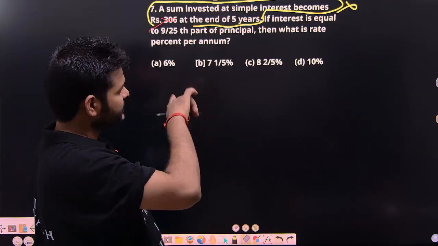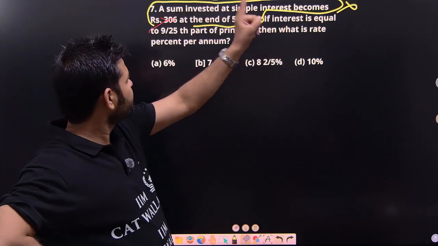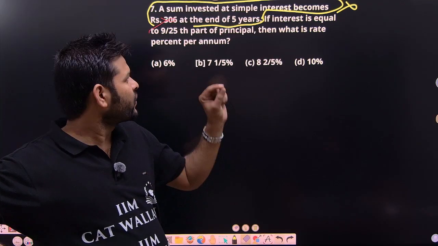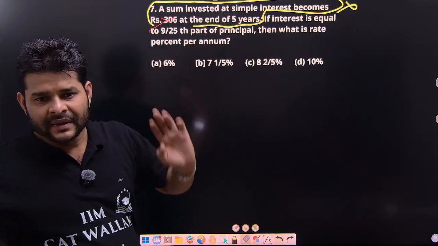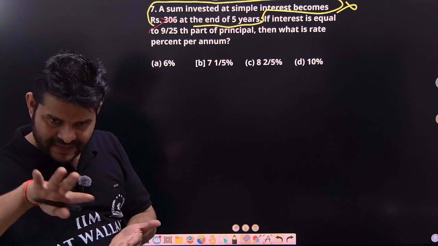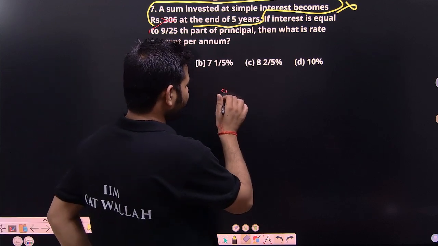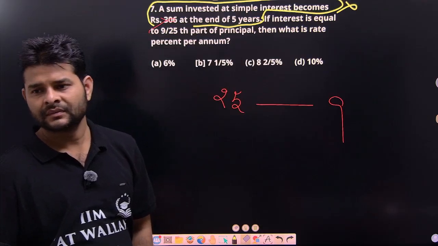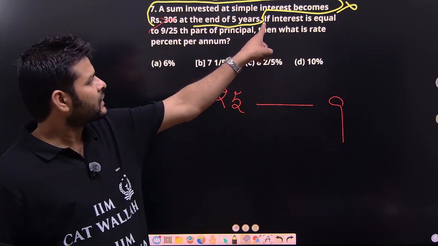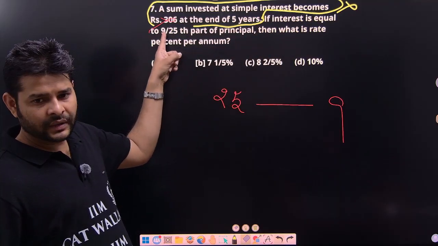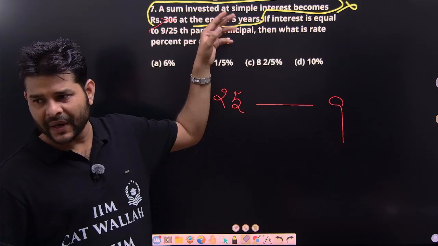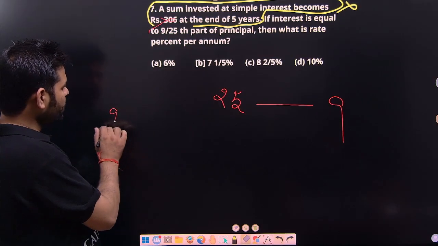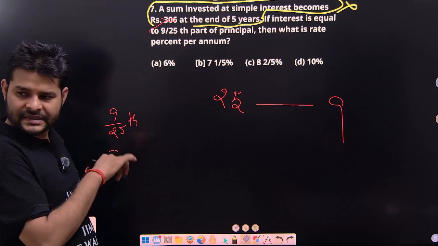And in this 306, if interest is equal to 9/25th part of the principal, that means in these 5 years, if 25 is principal, then 9 is interest. So 9 upon 25th part of principal is interest.